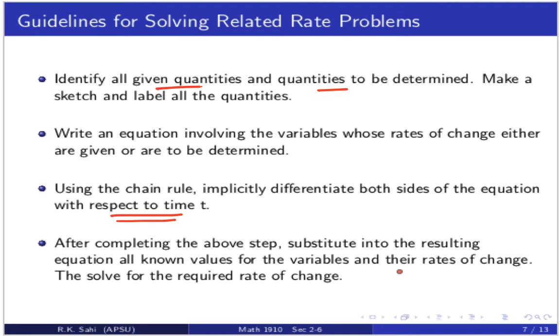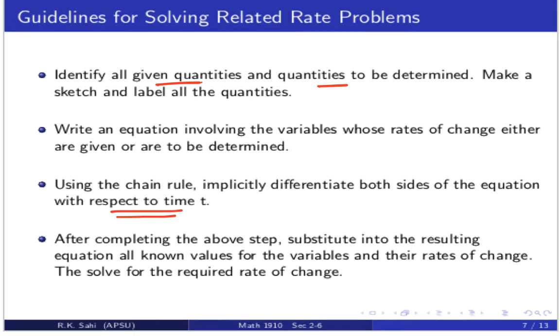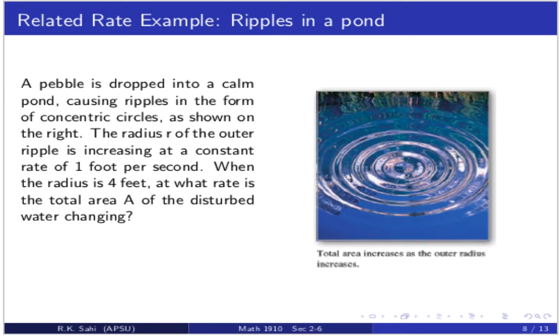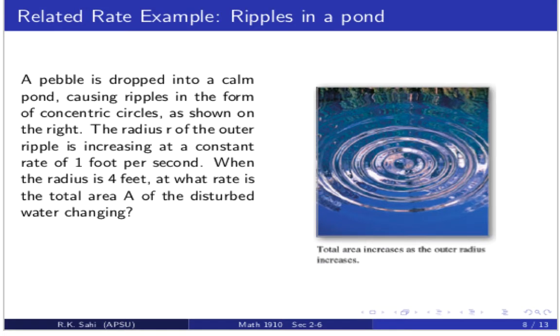Okay, now let's go ahead and do an example. We're going to talk about ripples in a pond. A pebble is dropped into a calm pond, and as a result, there are going to be ripples in the form of concentric circles, as shown in this picture.